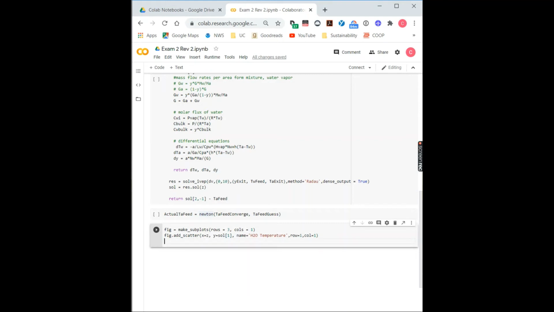For our second and third plots, it will be the same format, but we'll use different positions in our solution vector that we got by solving the differential equations for our v vector, and they'll be labeled for air temperature and water partial pressure, referring to the mole fraction for water in the vapor mixture. And then we can show or print our graphs using plt.show.